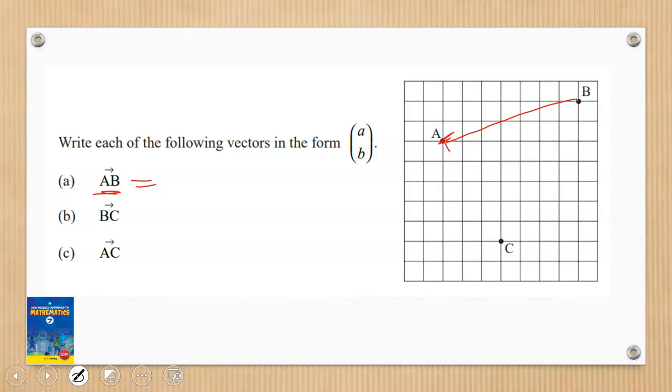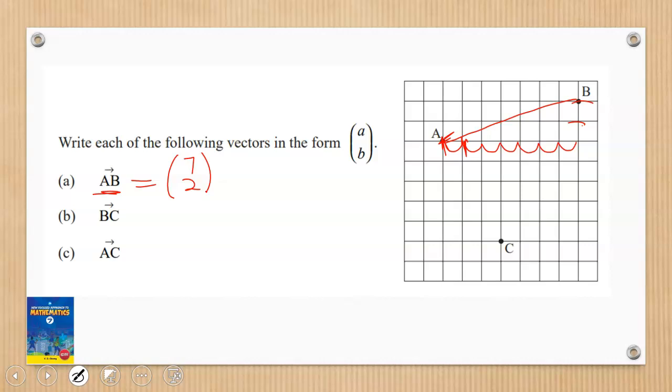We can get there by moving on the x-axis and moving on the y-axis. So from point A to this point, I'm going to move 1, 2, 3, 4, 5, 6, 7 units, then I move upwards 1, 2. Because I move in the positive direction 7, I get positive 7, and I move upwards 2.